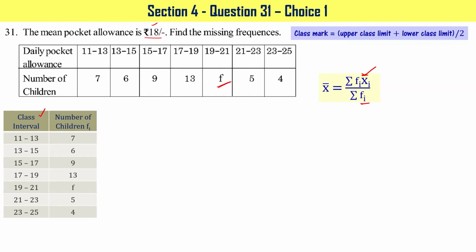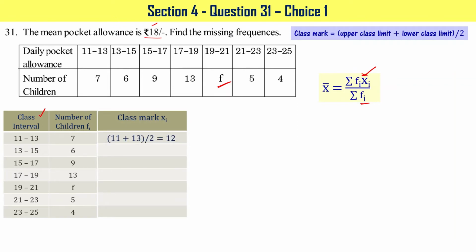If I use this, the class mark for the first class is going to be 11 plus 13 divided by 2, that is equal to 12. Similarly, for the next class, it is going to be 13 plus 15 divided by 2, that is equal to 14. For the next class, it is 16. For the next class, it is 18. For the next class, it is 20. Next class, it is 22. And for the last class, it is 24.